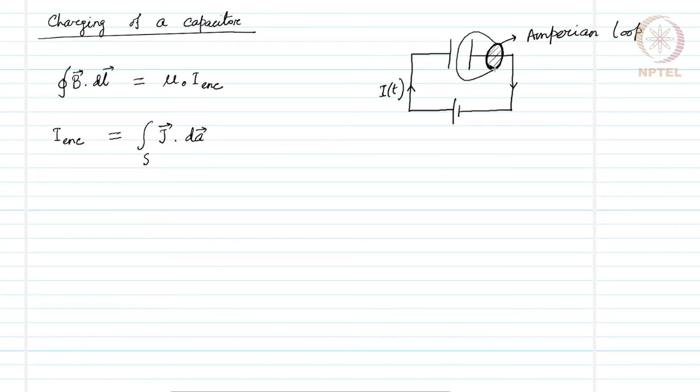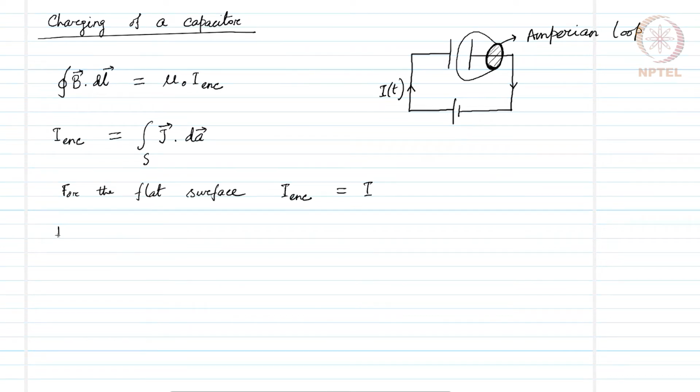And so, if we consider the flat surface shaded here, then the current enclosed, for the flat surface, is the amount of current flowing through the wire.